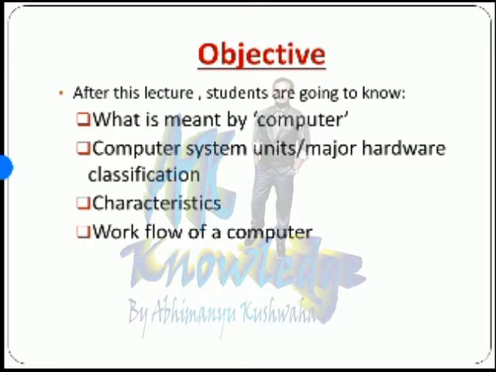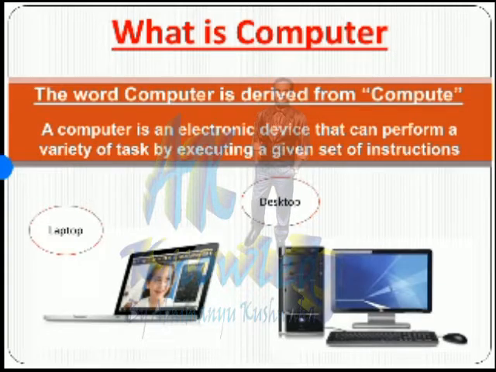Okay, so let's start with the first topic. The heading is what is computer. The word computer is derived from compute. And what is the meaning of compute? Compute means calculation. So the word computer is derived from compute, which means to calculate.